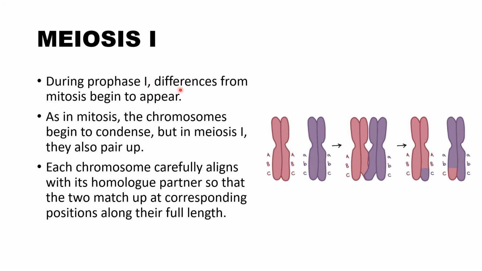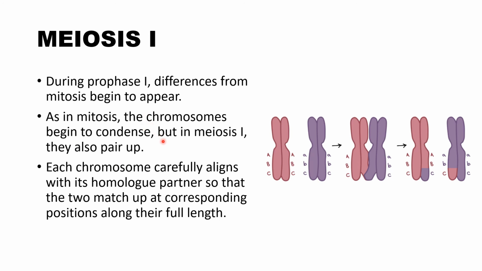So, it differs from the mitosis. Yung mga difference niya from the mitosis will begin to appear. As in mitosis, the chromosomes begin to condense, but in meiosis 1, they also pair up. So, yun yung isang pagkakaiba nila dun sa mitosis part.